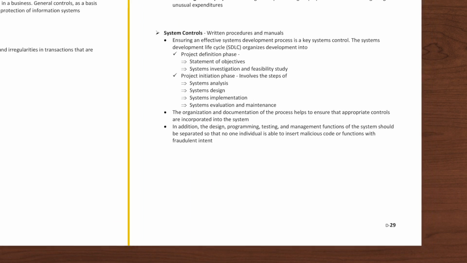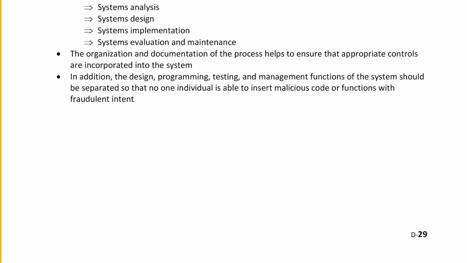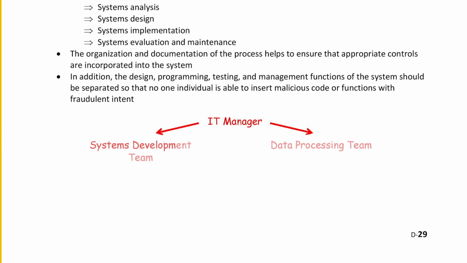Get to page 29. Towards the bottom of the page, let's draw out the segregation of duties that we saw could improve internal controls in IT environments. The boss here is an IT manager who could have two teams working under him, a systems development team and a data processing team.